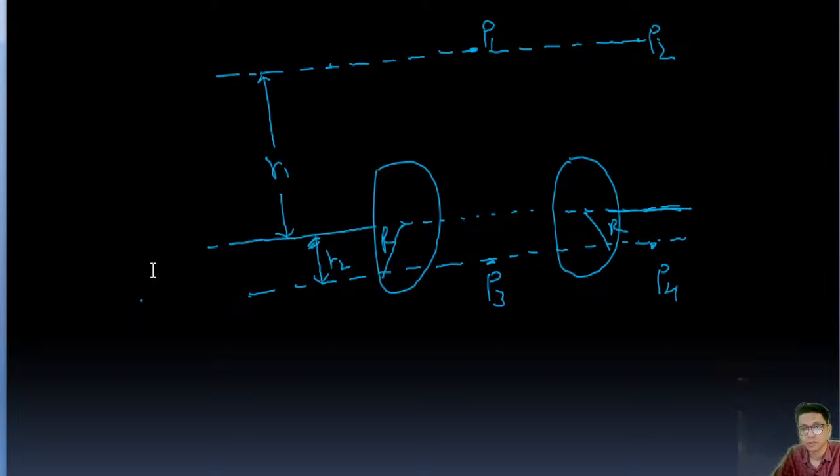So guys, we can see here in the figure, we can see P2 and P4, they are outside the capacitor, right? It means we can use Ampere's law and we'll get the magnetic field at P2 and P4.